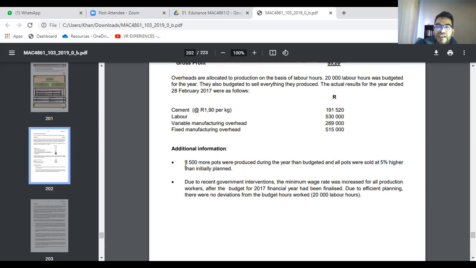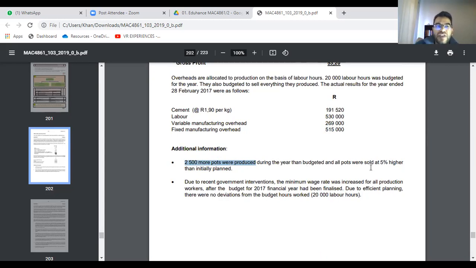So here you can see we sold at a higher rate. 2,500 more pots were produced. That means we still need to work out the budgeted pots so we can know the actual production. And they say all the pots were sold, so we sold more than what was budgeted for.